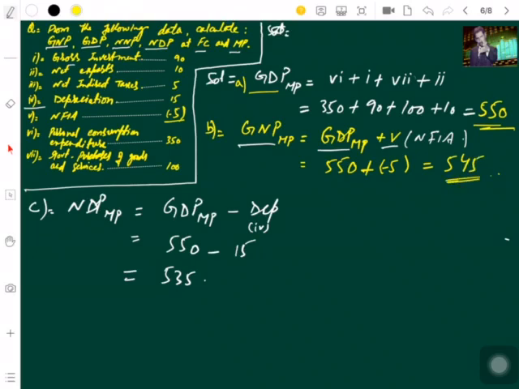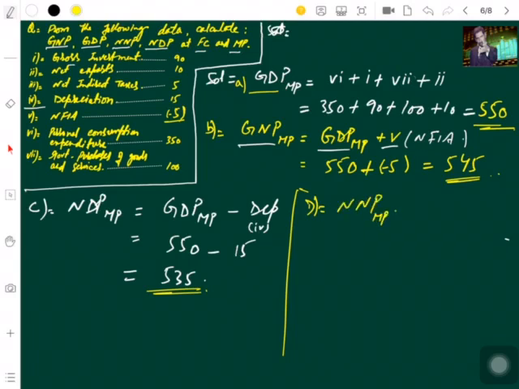Okay, I got it. So we nailed it. Okay, our NDP at MP is equal to 35. It is okay. We are done with this as well. Now let us do the D part. What remains is NNP at MP.